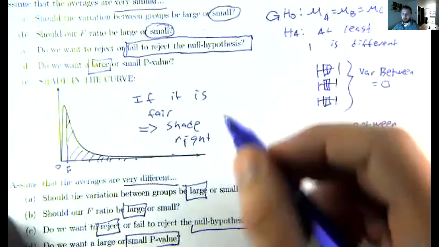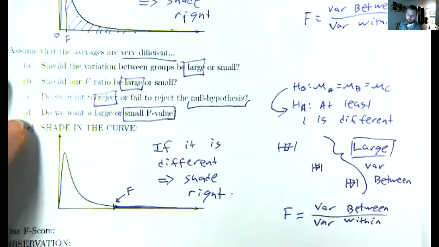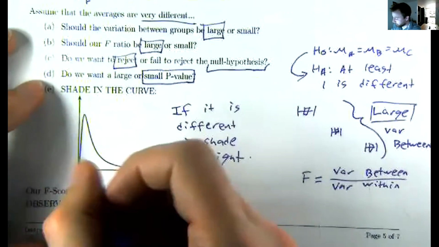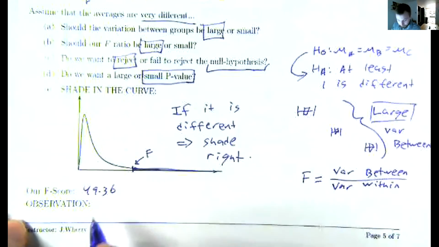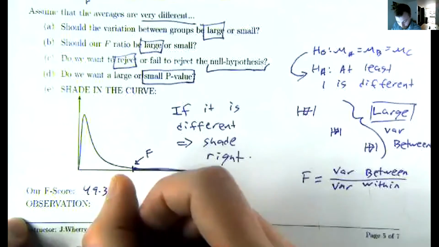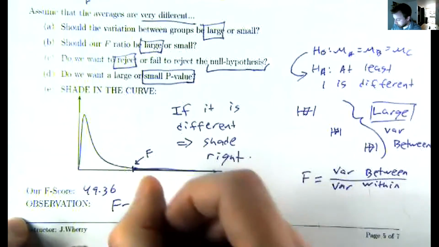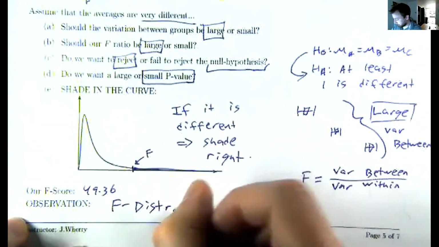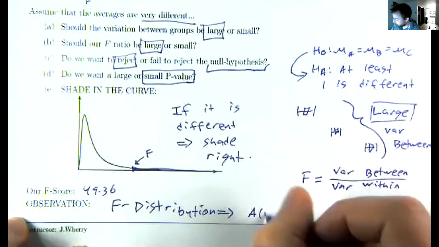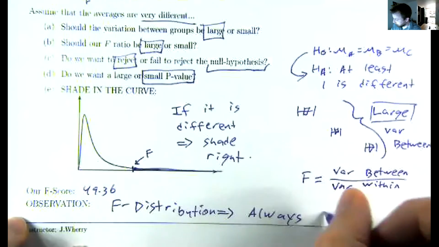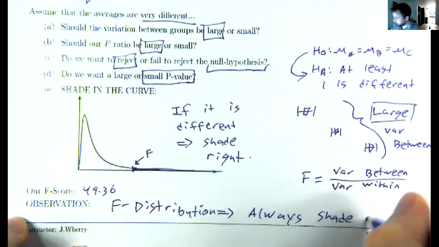So if it was fair, I shaded right. If it was not fair, I shaded right. My F-score was 49.36. Observation, just as before, when working with chi-squared, I am always going to shade to the right.